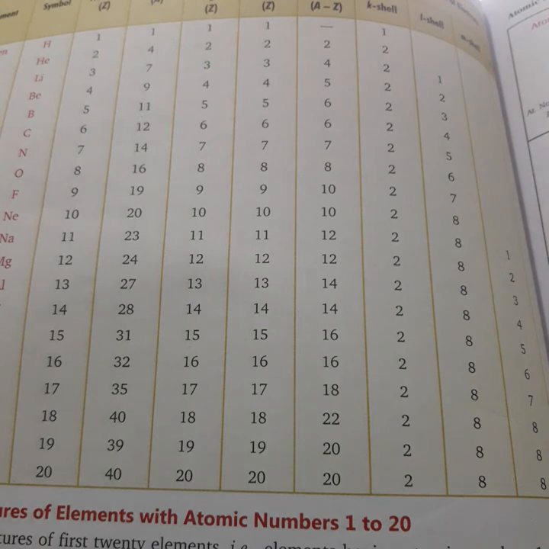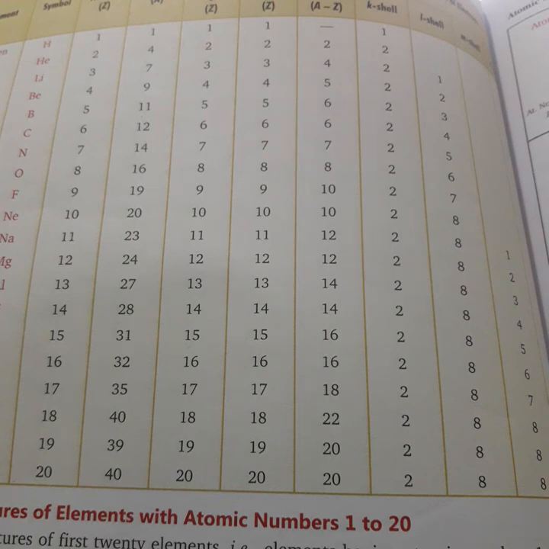Rule number 1: the maximum number of electrons which can be present in any shell of an atom is given by the formula 2n square, where n is the number of the shell as counted from the nucleus. Suppose shell K, it is shell number 1.